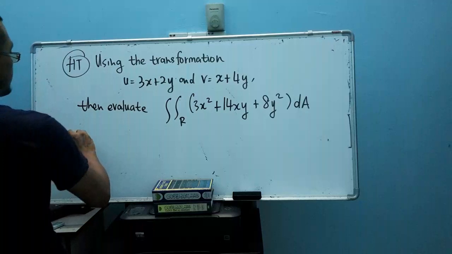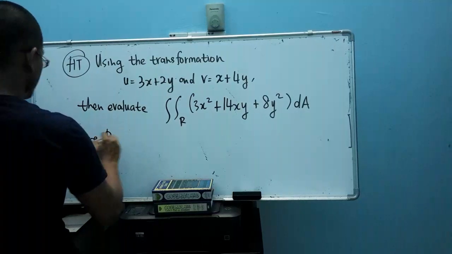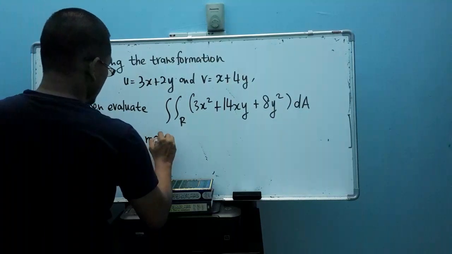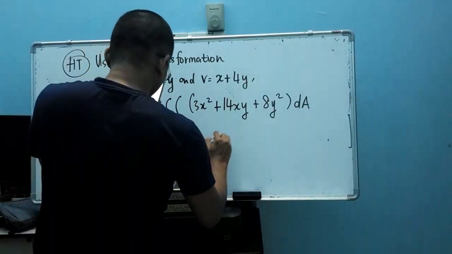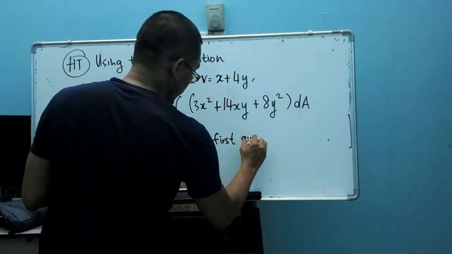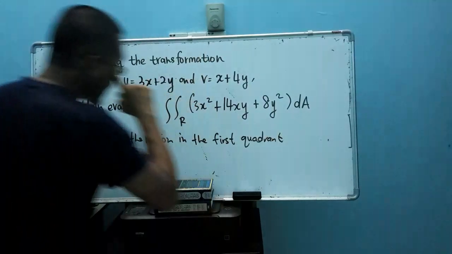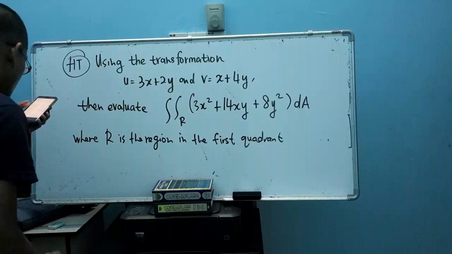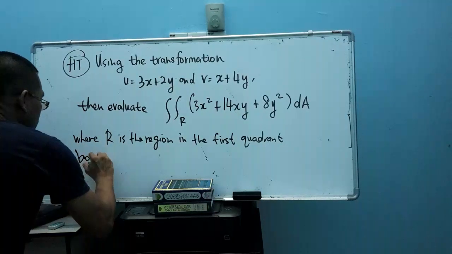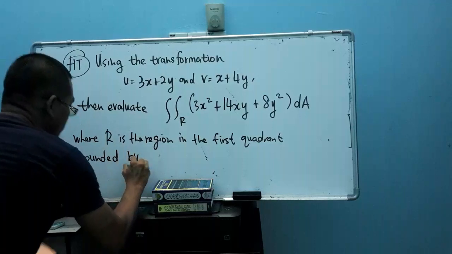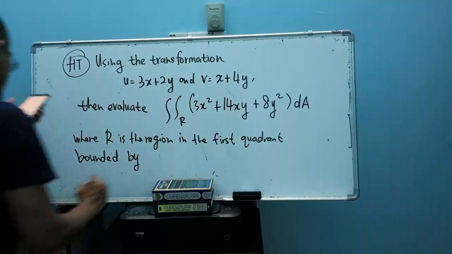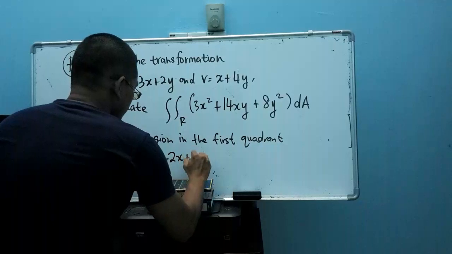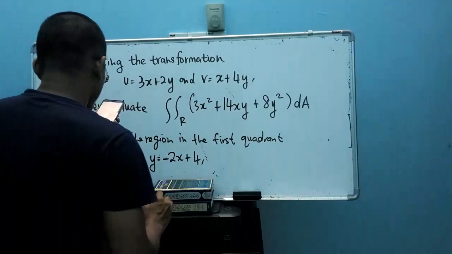Where my R here is the region in the first quadrant, bounded by y equals minus 2x plus 4. Oh, sorry.